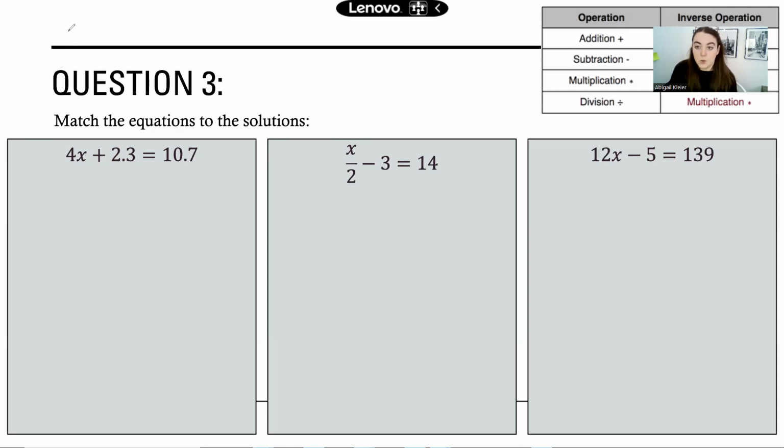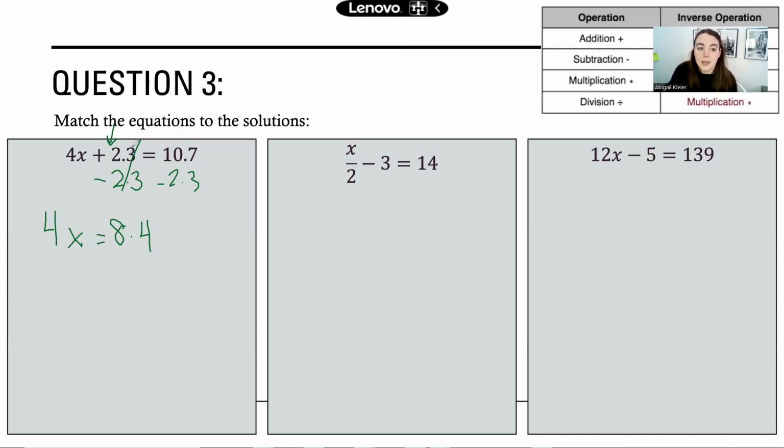As always, we look for any addition or subtraction first. I see right here that this x is being added by 2.3. To get rid of that, I'm going to do the opposite, which is subtracting 2.3, and I do that on both sides. This leaves me with 4x equals 8.4.